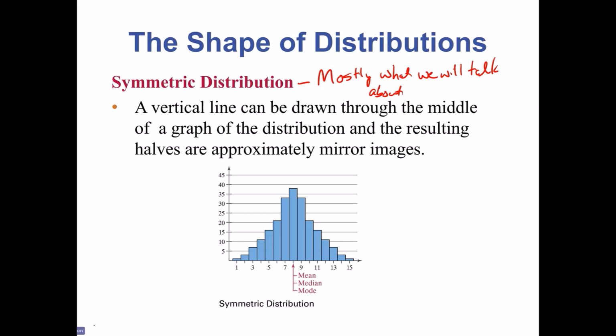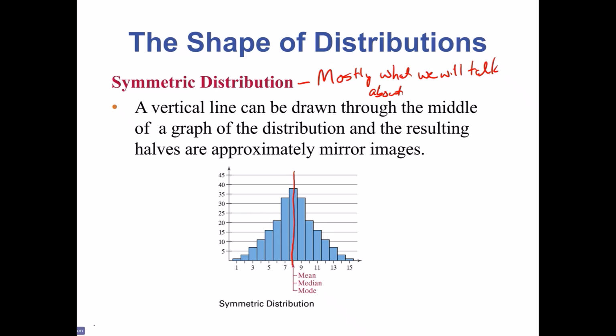A symmetric distribution just means it has that mirror image on either side of it. So if you draw a line down the middle, you've got a picture that looks the same on both sides. Your data values go out evenly away from that middle.